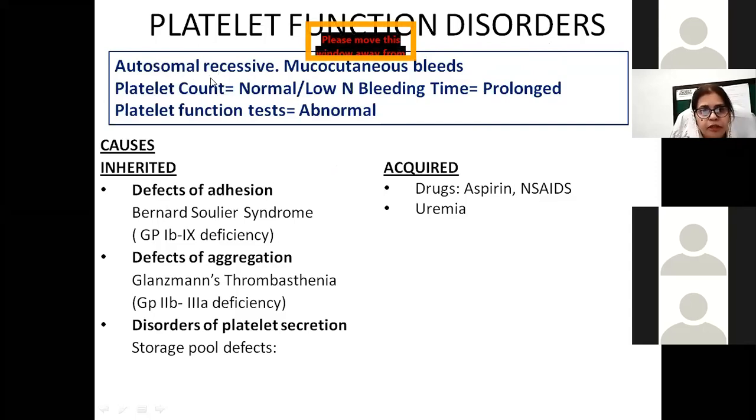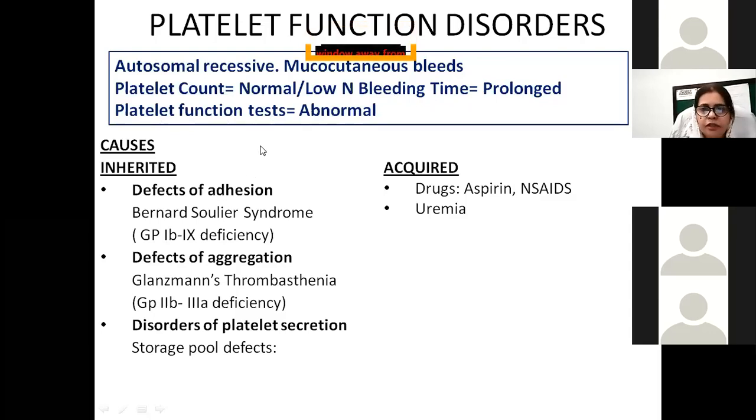That is, both the parents should carry the defective gene, which is transmitted to the child. The platelet count will be either normal or low normal. Bleeding time will be prolonged because it assesses the function of the platelet. And platelet function tests, which are more specific tests, will be abnormal.